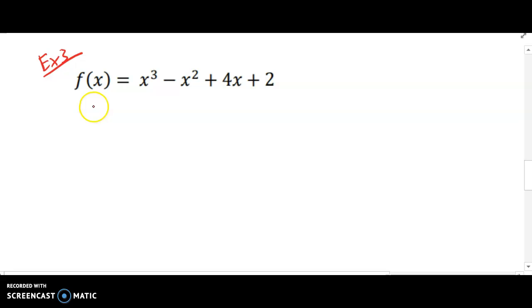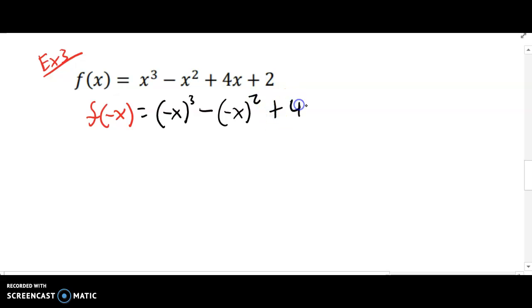We're always going to start the same way with f of negative x. So I've got negative x cubed. This minus on the outside stays. That's a part of the problem. Minus negative x squared plus 4 times negative x, and plus 2 has no x. Let's simplify. A negative number to an odd exponent is always negative.